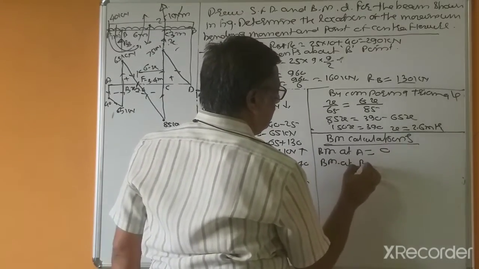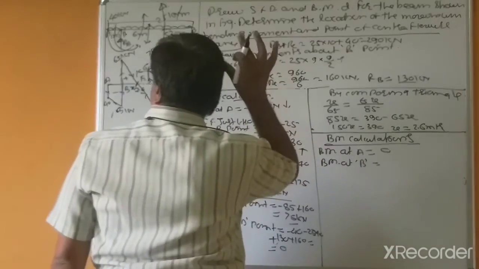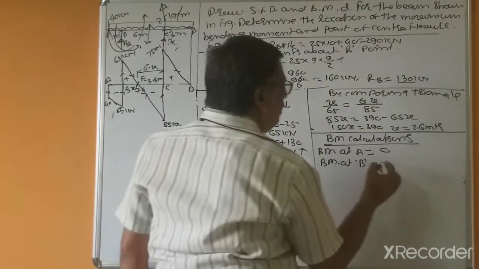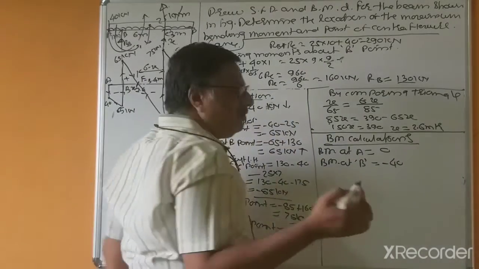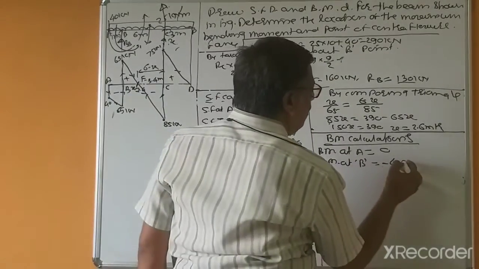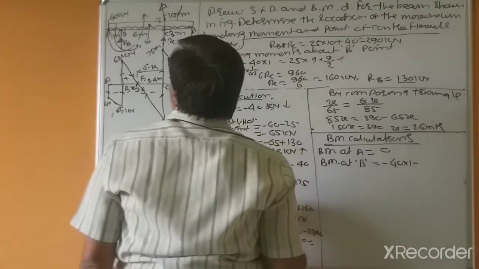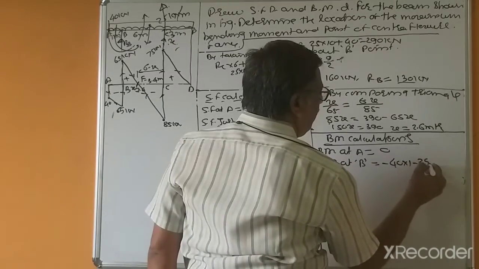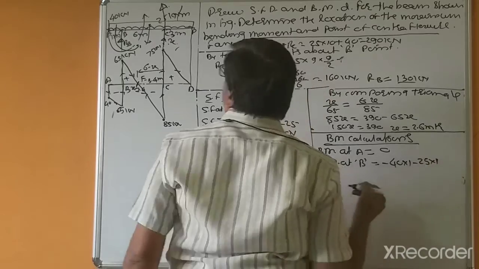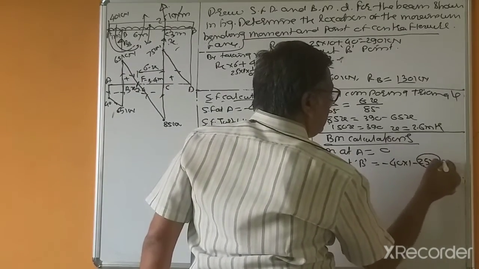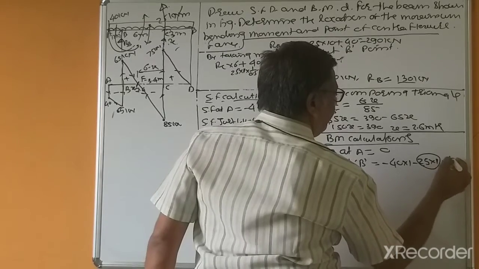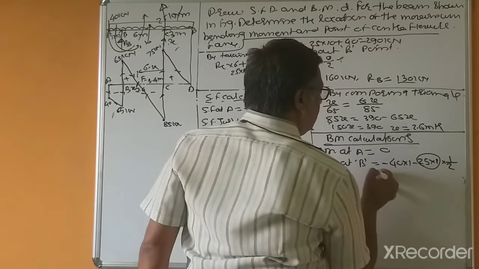Bending moment now at B point. Here is 40 kilonewtons, clockwise. Anti-clockwise moments mean negative. 40 multiplied by 1 minus 25 into 1, because this is a uniform distributed load, this is the shear force, and half of its distance, 1 meter, divided by 2.